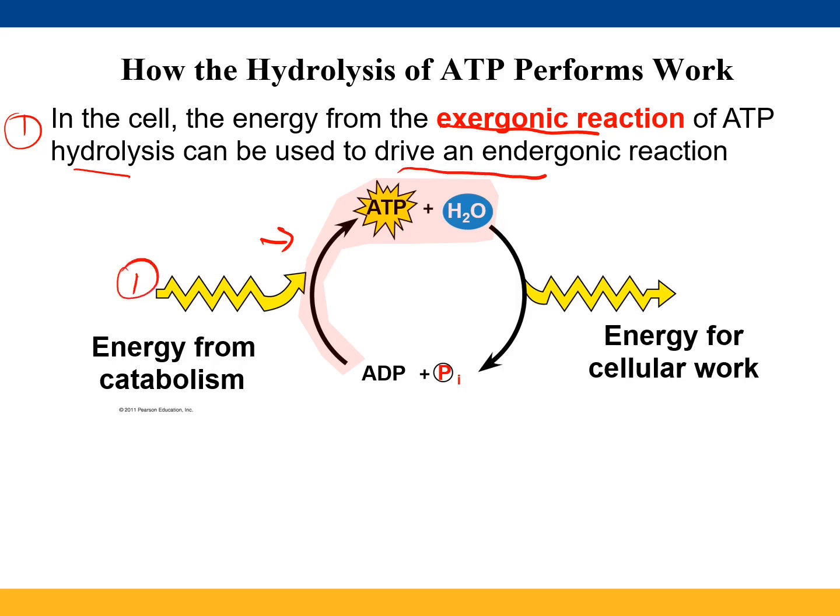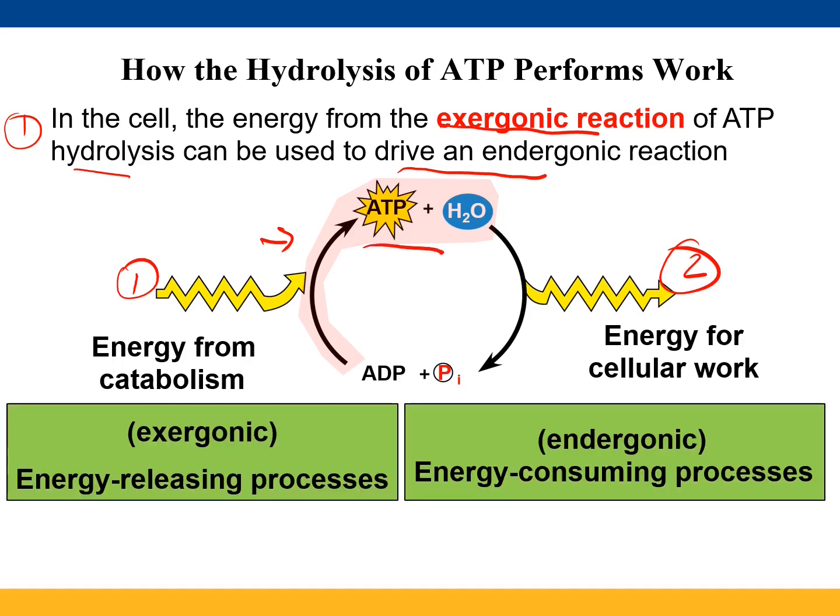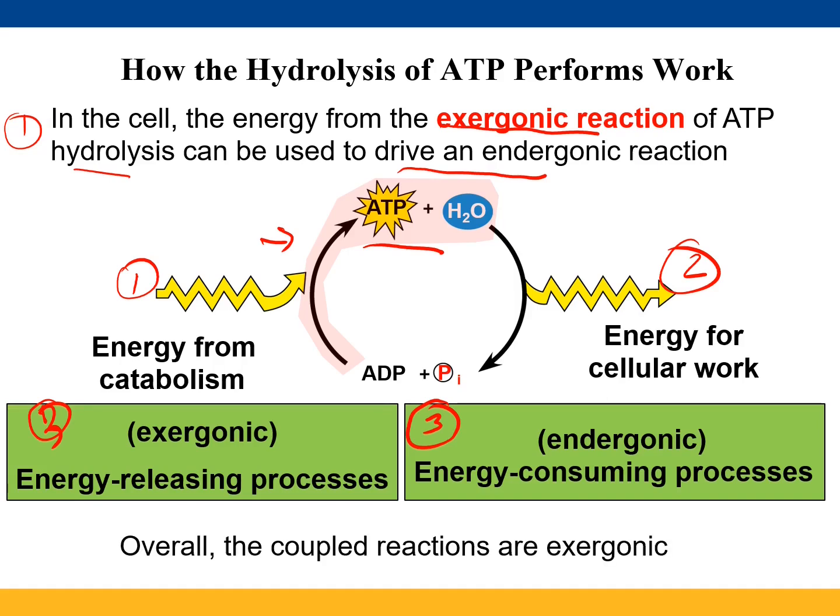And here, again, this energy from catabolism comes from exergonic reactions. And here the mechanical transport or the chemical reactions are endergonic reactions in this case. And to finish, overall, the coupled reactions are exergonic, and this is why they are possible.